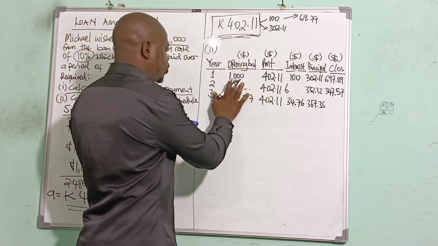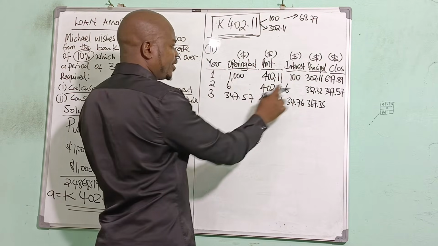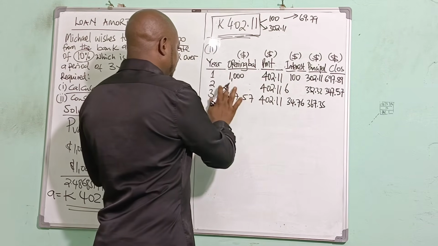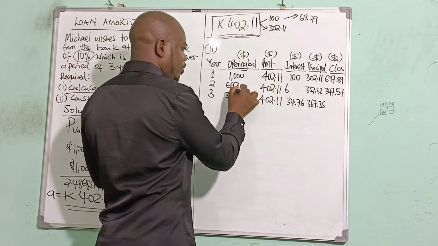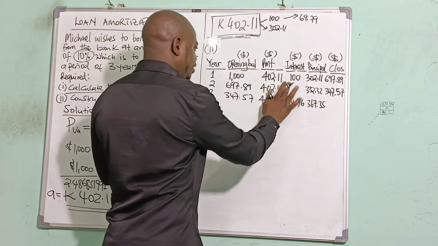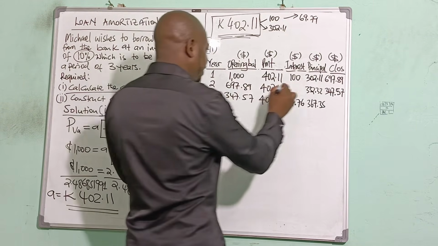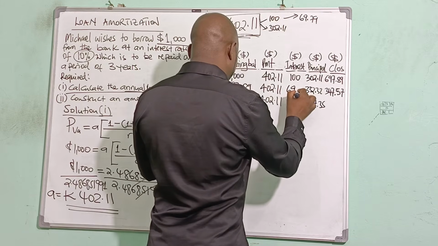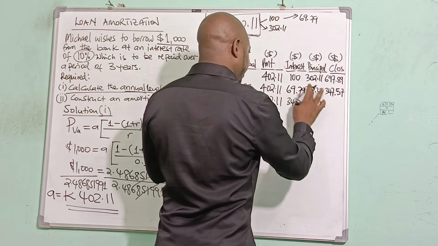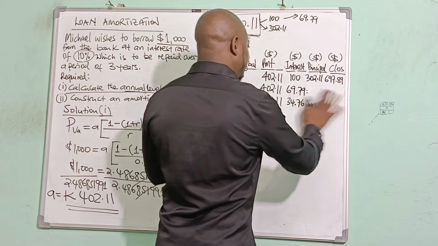I wrote a wrong figure here. This should have been 697.89, and 10% of that is 69.79. Sorry about that.